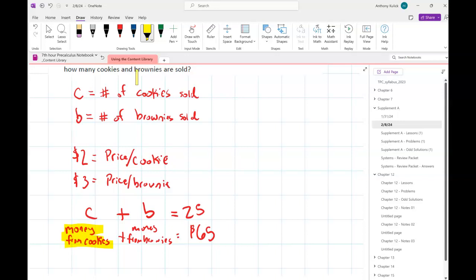How do we calculate the money from cookies? If I sold, say, 8 cookies, how much money should I have generated from those cookie sales? 16. How'd you come up with that? It's double. 2 times 8. 2 times the number of cookies sold, right?